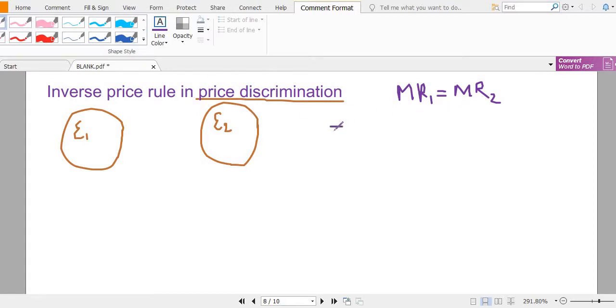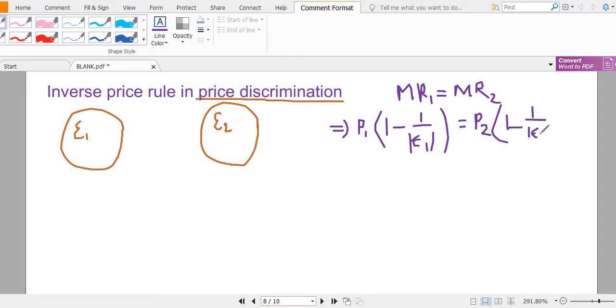Now we know that the value of MR1 is equal to P1 times (1 minus 1 by modulus of epsilon 1). We are taking modulus because the elasticity of demand is negative. And MR2 is equal to P2 times (1 minus 1 by modulus of epsilon 2).